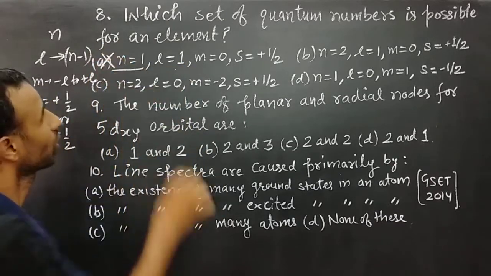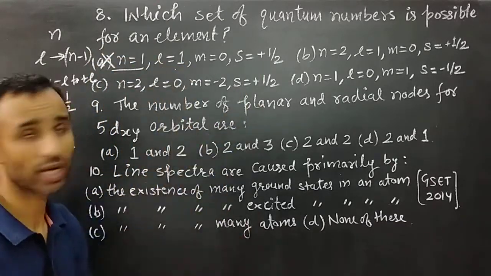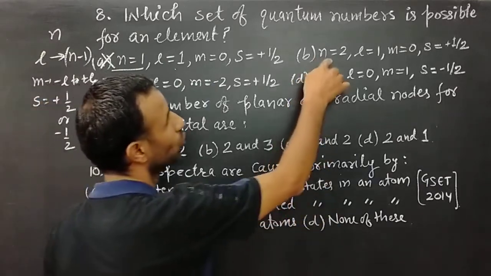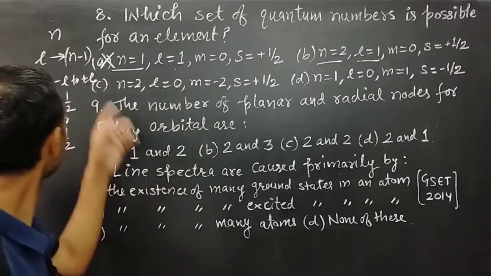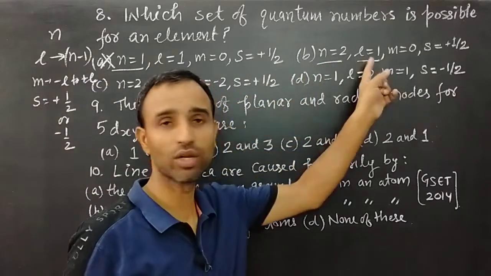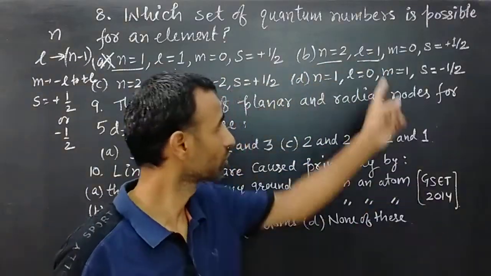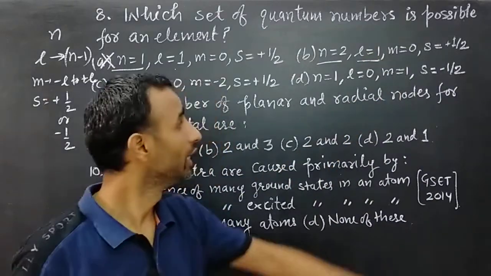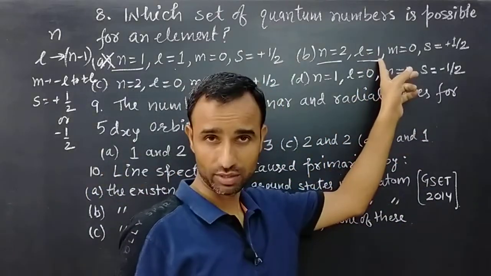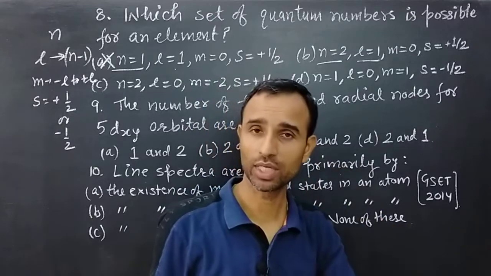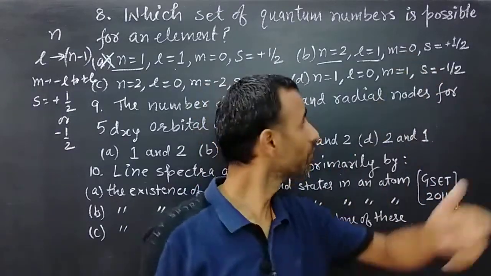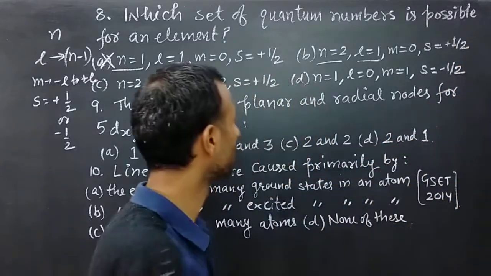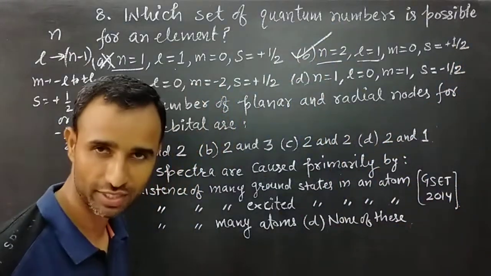That means this is not possible for an element. Now n equal to 2 and L equal to 1 is possible, because if n is 2, L value is 0 or 1. If L is 1, m value is minus 1, 0, plus 1. So 0 is okay. S is plus half, that's true. Means B option is correct.